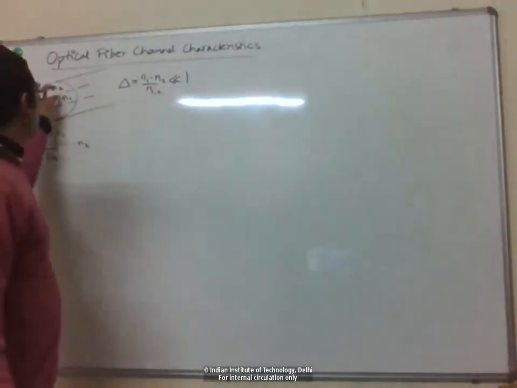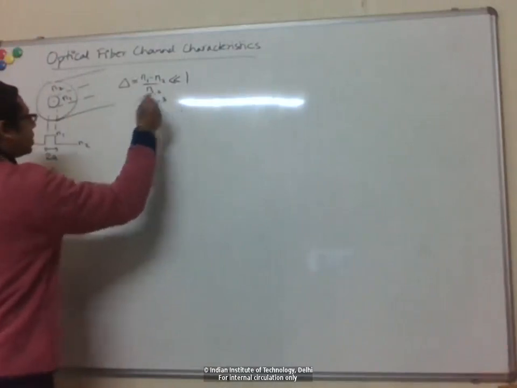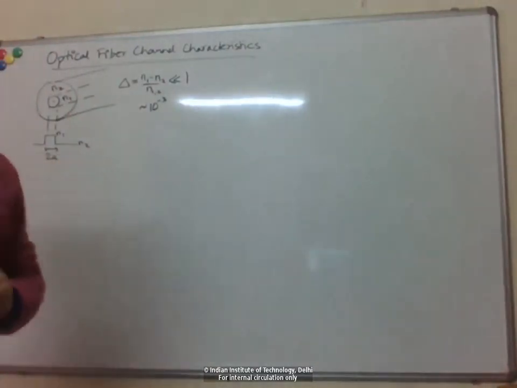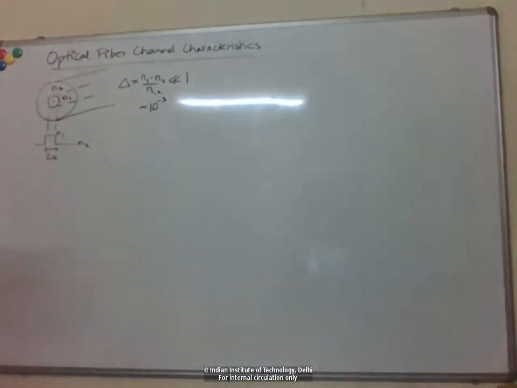And this refractive index difference is typically like, let's say, 10 to the minus 3 or something, and both indices are around 1.45, which is the refractive index of glass. Typically, you dope the core region with some atoms like boron or phosphorus to slightly change the refractive index.